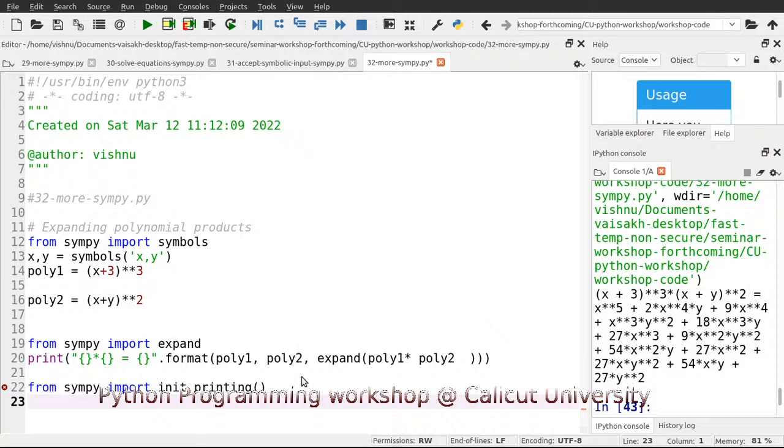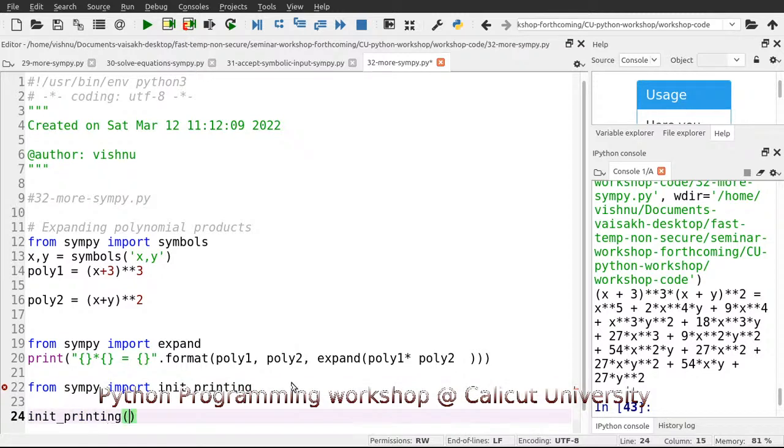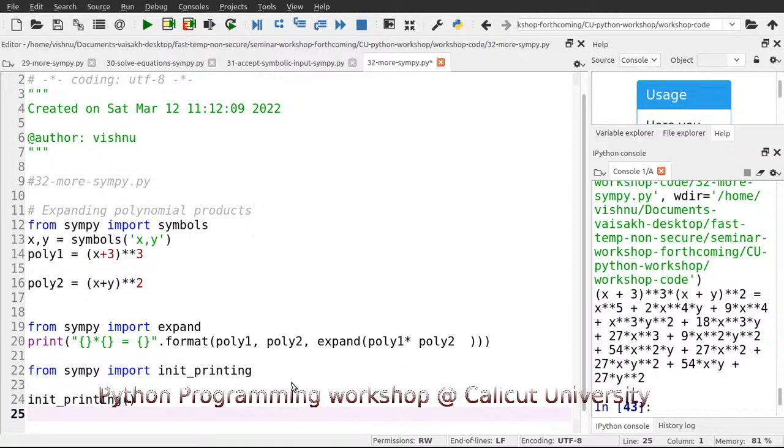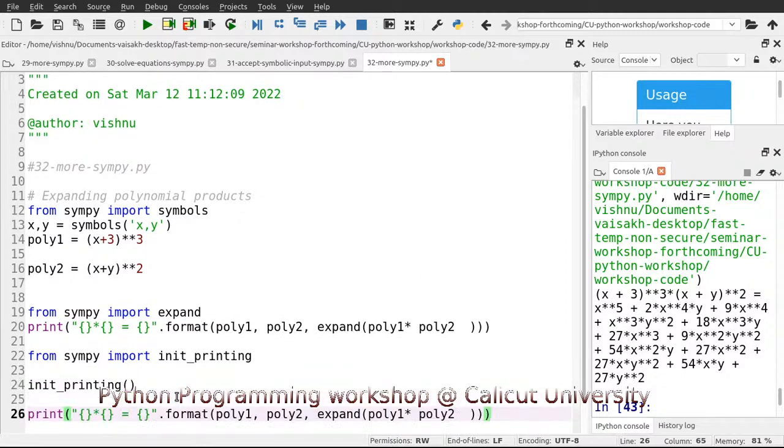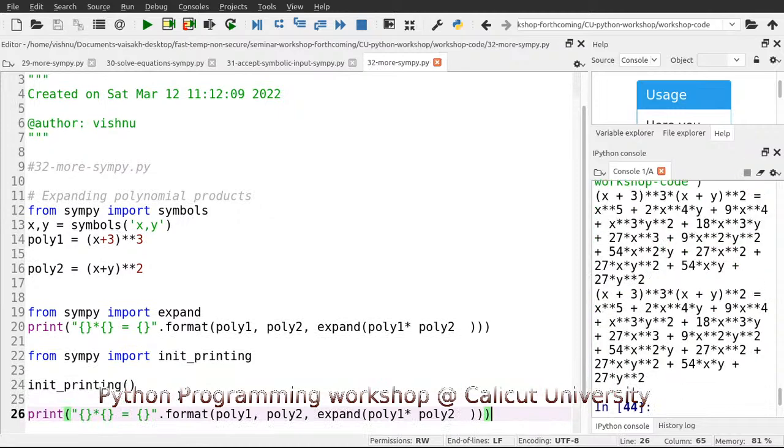No, this is not required. So after that, run init printing. This is just an open close bracket. There is nothing else. And now see the output of this. If I am succeeding in that, I will try to explain. No, there is not much success.